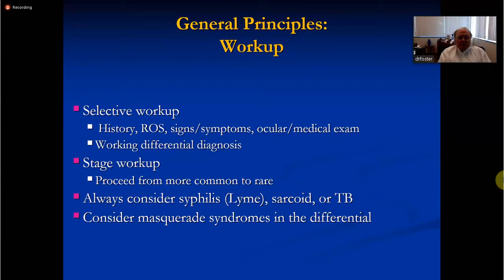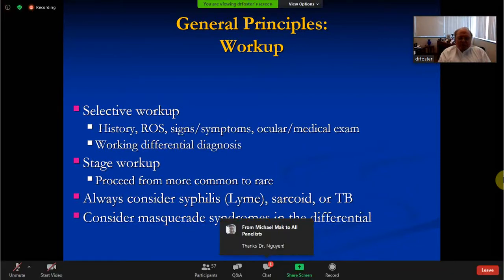There are very few things that here at my office at Harvard, at Mercy, very few things that I routinely get on everybody. But a serologic test for syphilis is one of the things that I never ever omit.